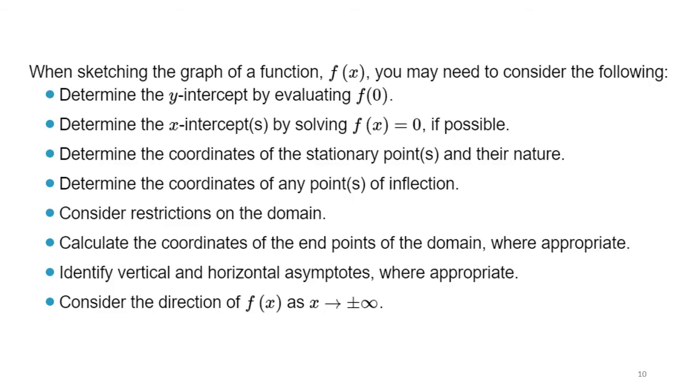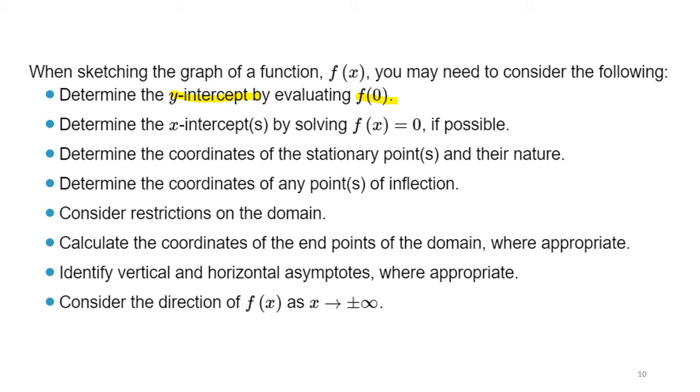So here I've listed some key considerations that you should think about when you are sketching a graph. All right, very simple. The first one is common sense. You need to always indicate where the y-intercept is, so you sub in x equals 0 to find the y-intercept.